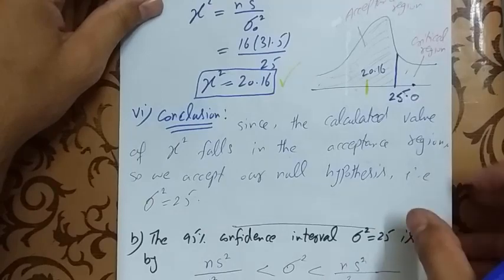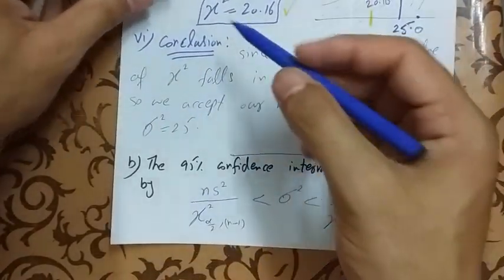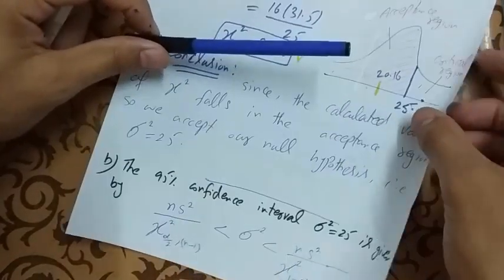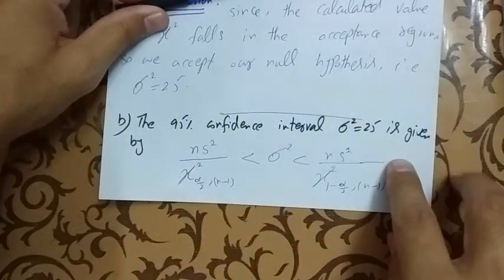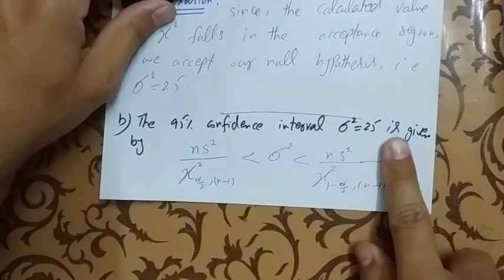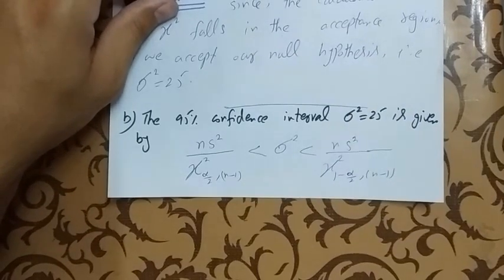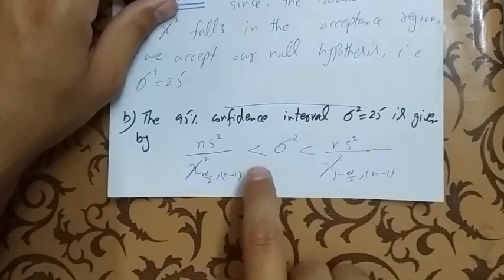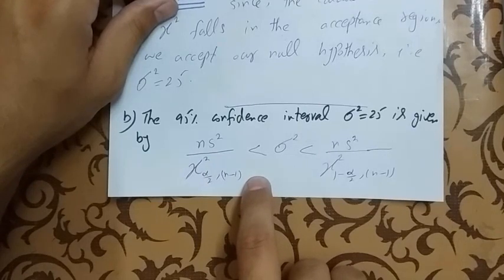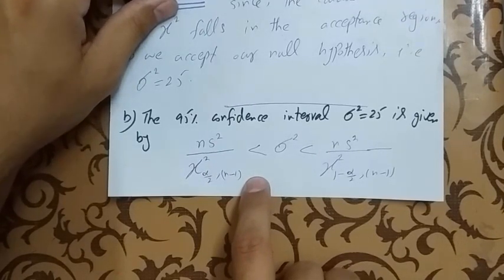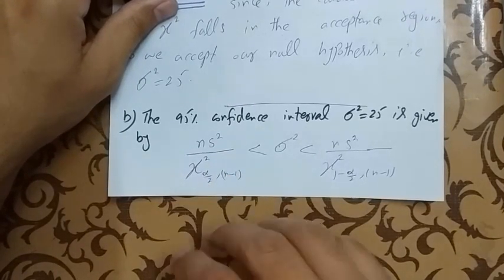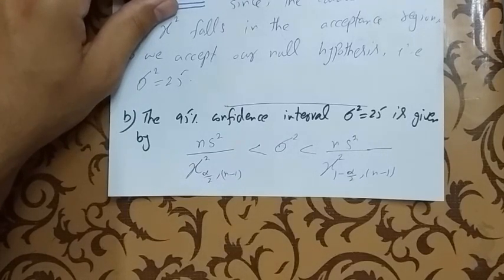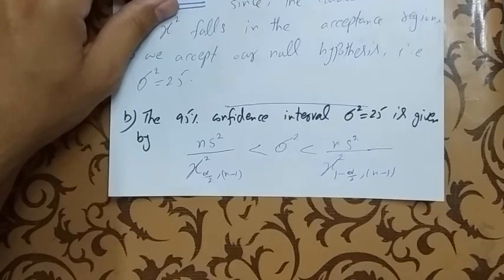The B part is: find out the 95% confidence interval for sigma square, which is equal to 25, given by, dear students, this formula for biased, because we are adopting the test of chi-square, and in the chi-square we normally always use the biased formula.